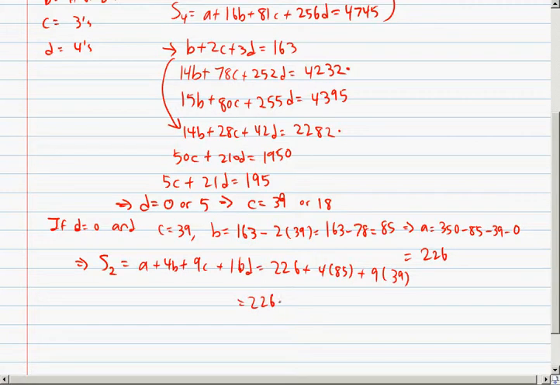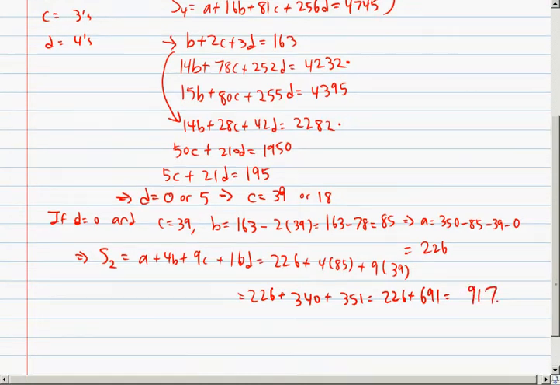We further simplify this down and then add it all up: 226 plus 691, which is 917 as the value of S2.